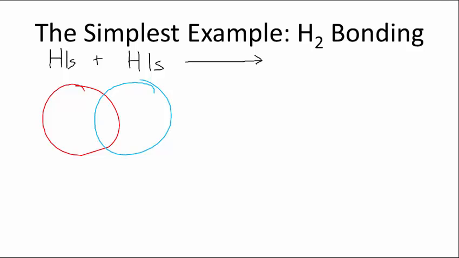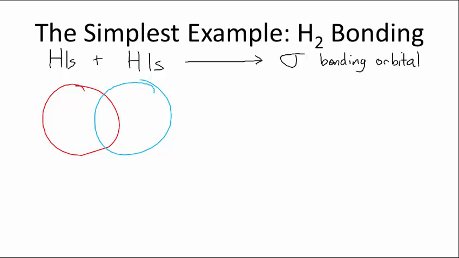What kind of bond would we say two hydrogen atoms make? A sigma bond. So I'm going to call the new orbital sigma bonding orbital. And what is my sigma bonding orbital going to look like?